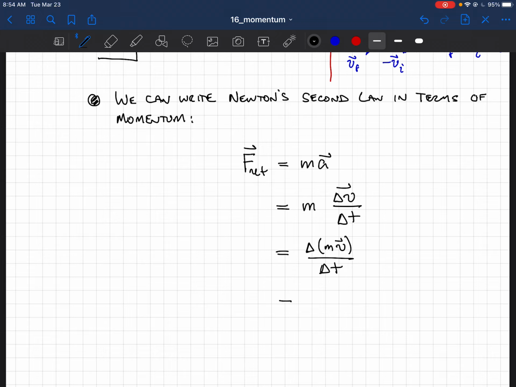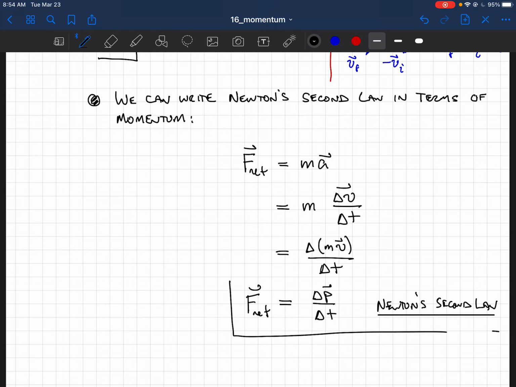And what is mv? Well, that's p. That's the momentum. So I can write this as delta p over delta t. So this is also Newton's second law. It's just a reformulation in terms of this new quantity that we have called the momentum.